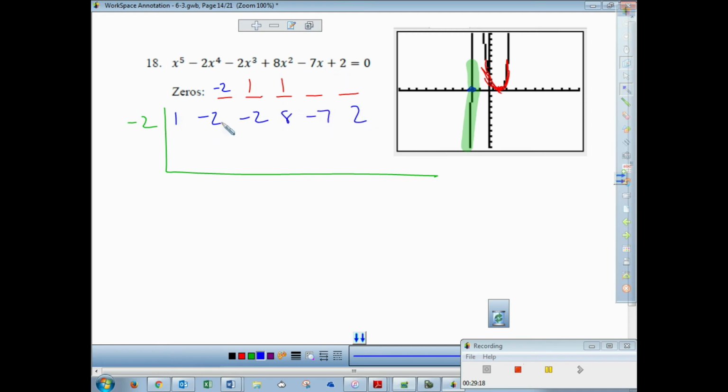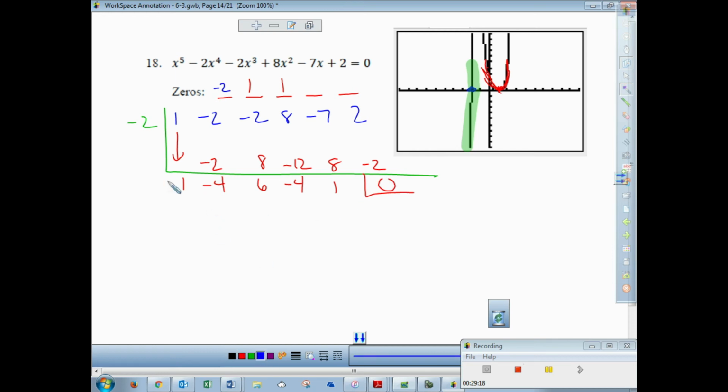Better be 6 guys in there. 4, 5, 6. Yes, there was. 1 comes down. Better get a remainder of 0.